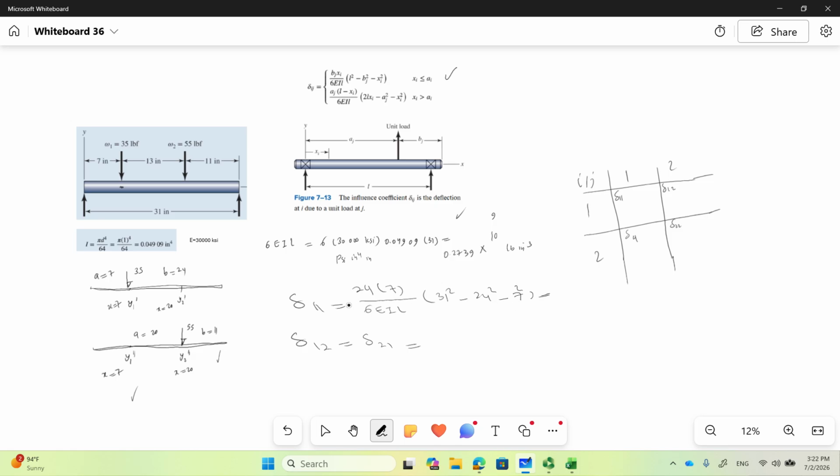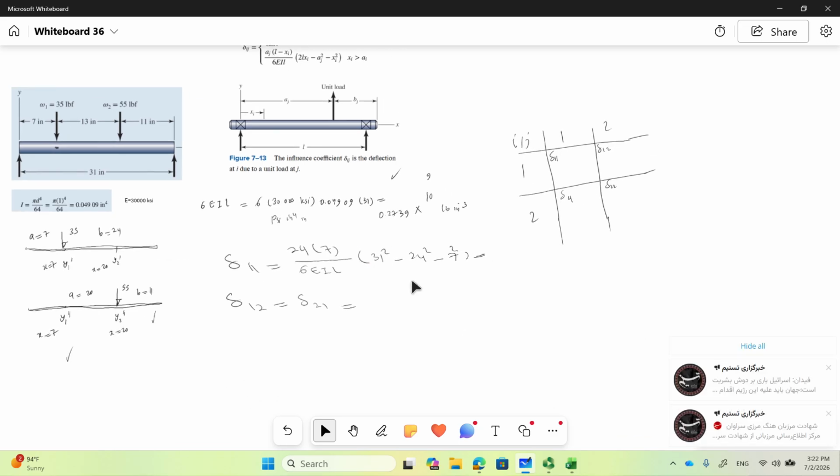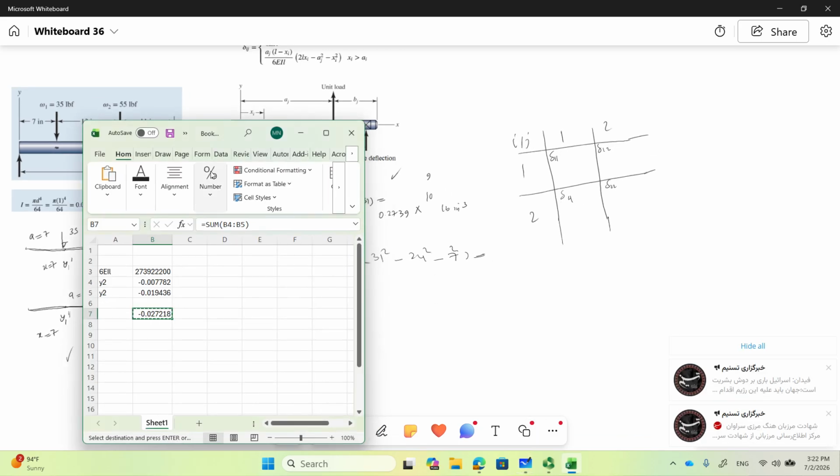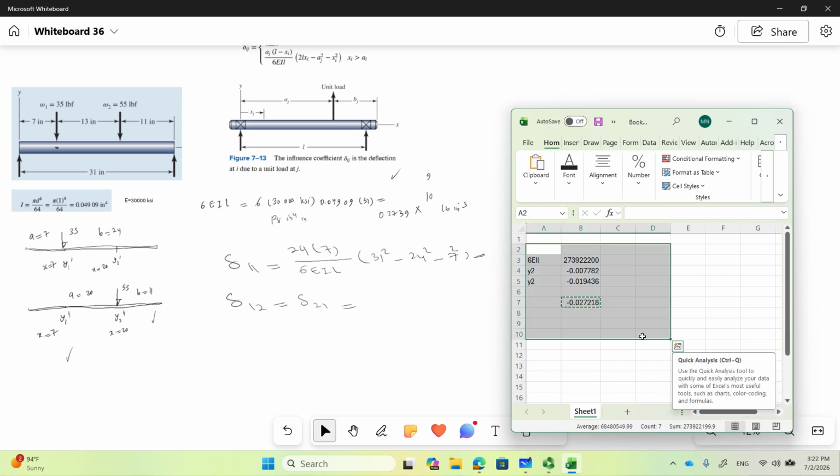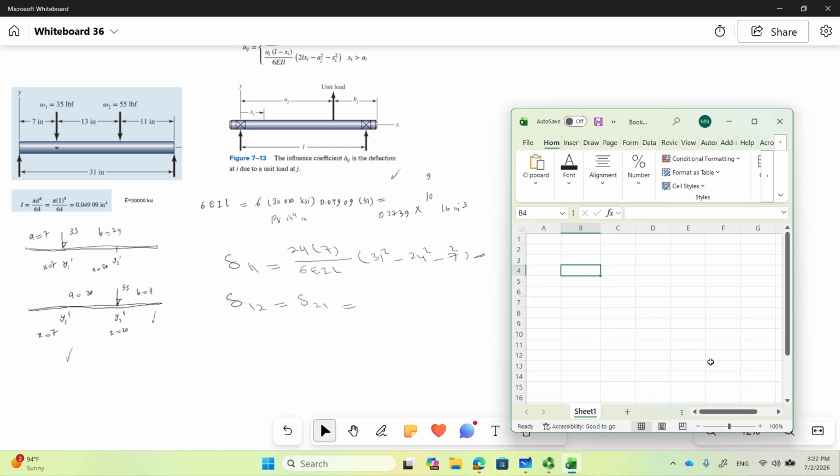So influence coefficient delta 1 1 will be calculated like this. Let's calculate that. As I said, it is similar to superposition, but delta 1 1 is this: 24 times 7 times 31 squared minus 24 squared minus 7 squared.